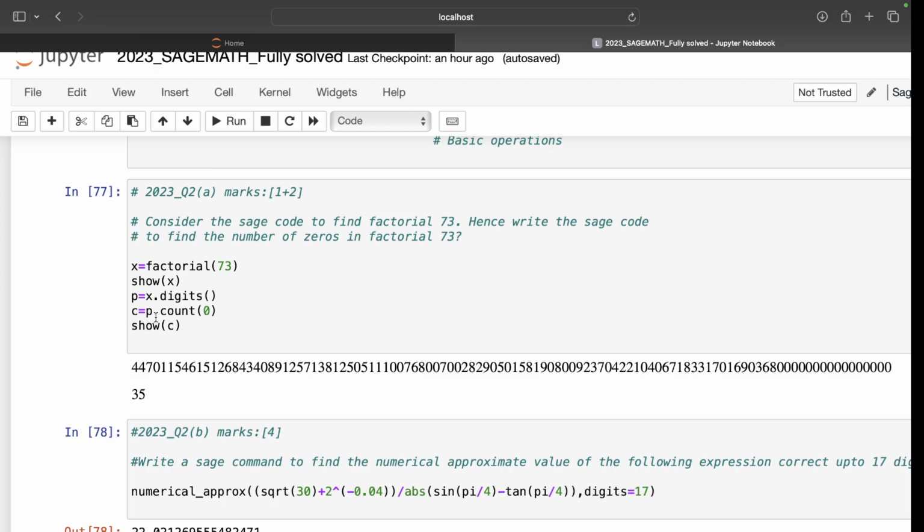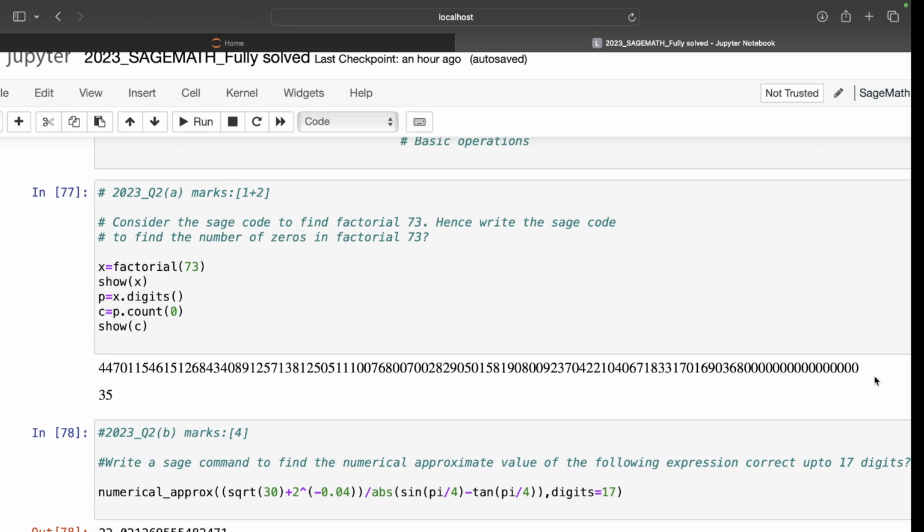And C equal to P dot count 0. So P is a variable that stores the digits separately, x dot digits, and C equal to P dot count 0. So the count of 0 is 35 zeros here.